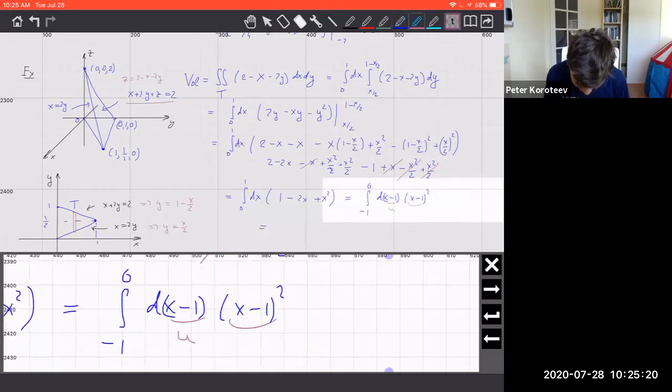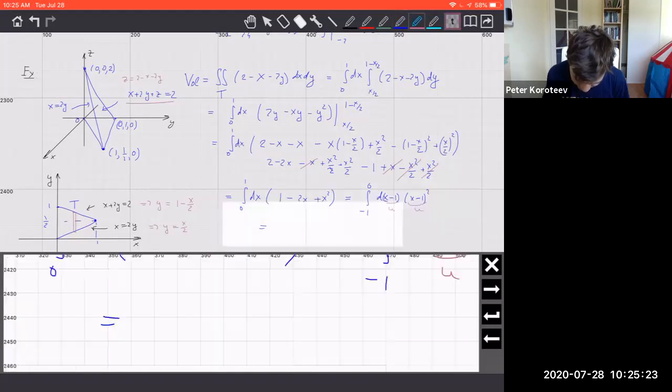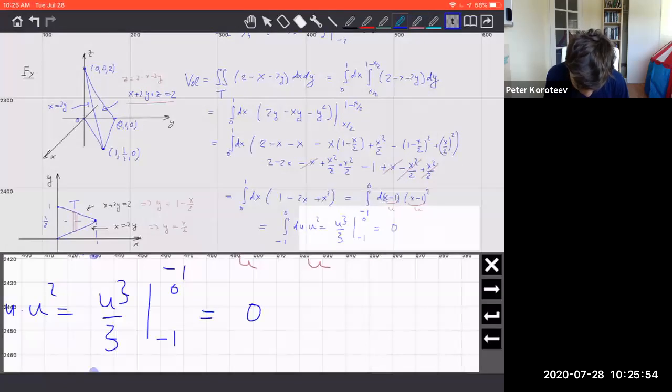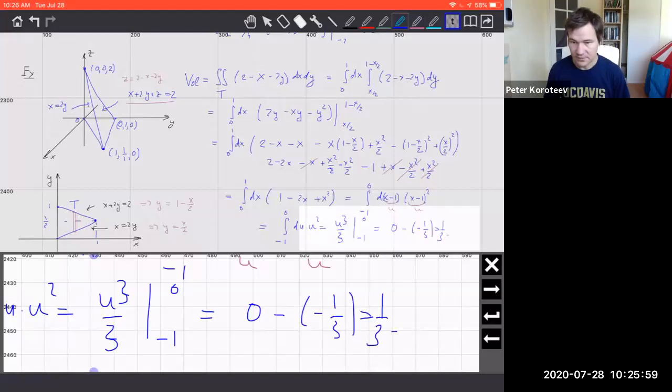We should call it u here. So this is the integral from -1 to 0 of u squared du, which is u squared halves between -1 and 0, and that's equal to... I did something wrong. Oh, because it's a square. Yes, thirds. Excuse me. U cubed thirds. Yes, u cubed thirds, and that's equal to 0 minus minus 1/3, which is equal to 1/3. There we go.